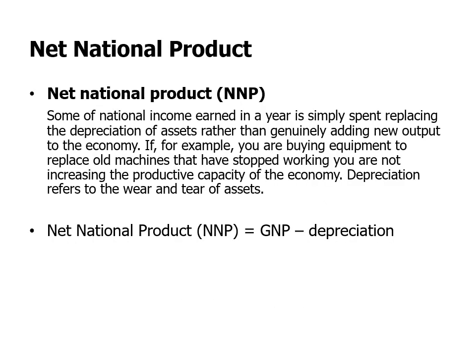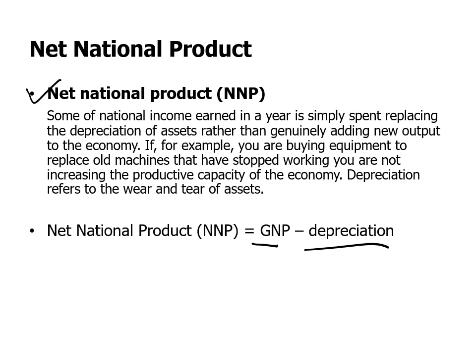Another measure of national income would be your net national product. What's that? Your net national product takes care of depreciation. So it's basically your gross national product minus depreciation. Why do we do that? That's because some of the national income earned in a year is simply spent replacing the depreciation of assets rather than genuinely adding new output to the economy.